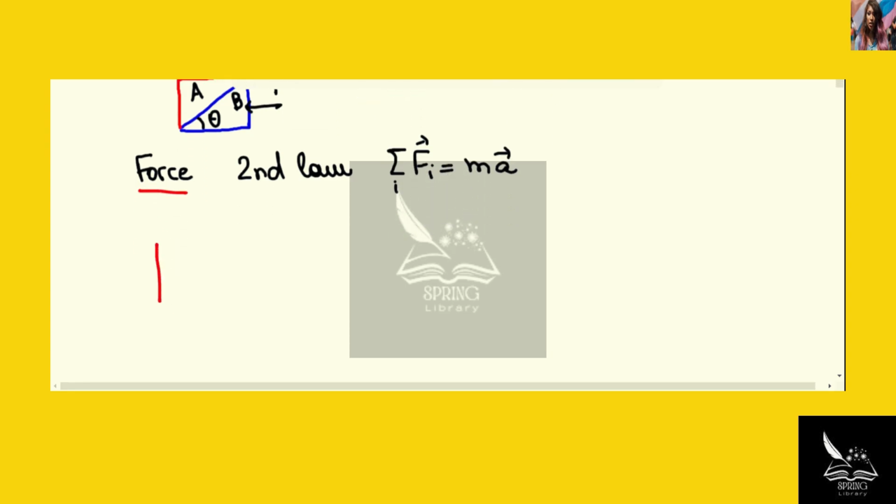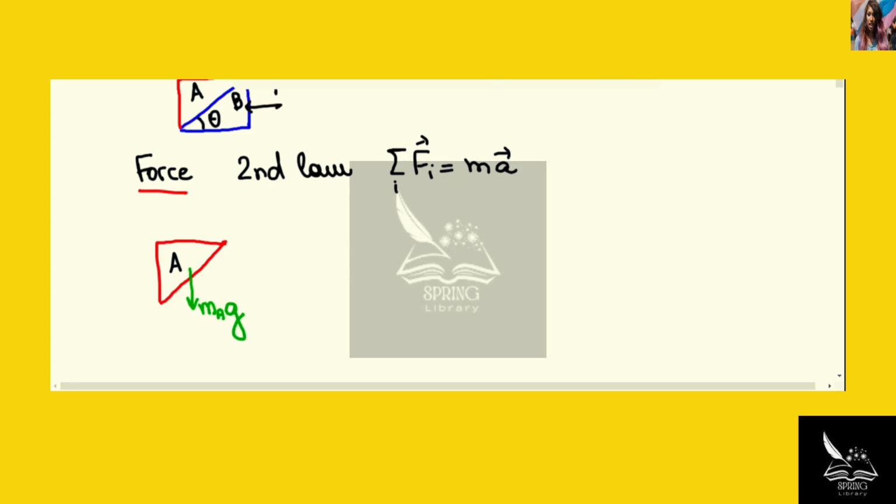So first for block A, the forces that act on block A are the gravitational force that acts downwards and has a magnitude of MAG.